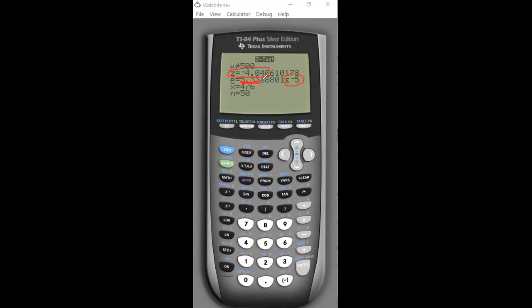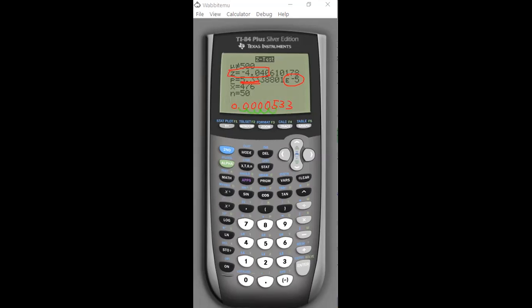It means 0.0000533. That means if you move the decimal point 5 places, 1, 2, 3, 4, 5, it will give you 5.33. So when you read the calculator, be very careful about this E.